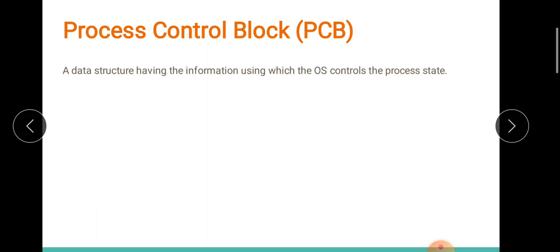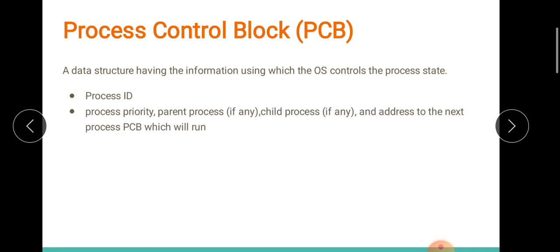Let's see. The process control block is simply a data structure having the information using which our operating system can control the process state. So it has a set of information, right? It has the process ID, by what name you can refer to your process. Suppose you have 4 processes. The first process, I name it process 1. Second is process 2. Third one is process 3. So these are the process IDs.